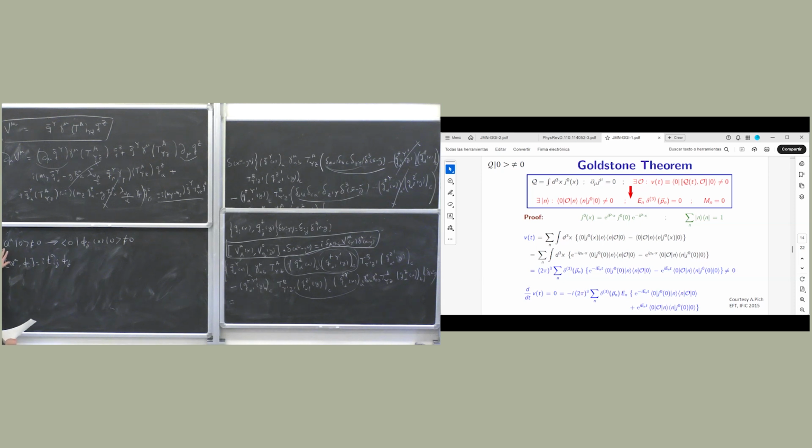Let's suppose that is the field J, and just for the sake of brevity, from now on I am going to drop this J index. In the slides, this is what is called operator O. Okay?